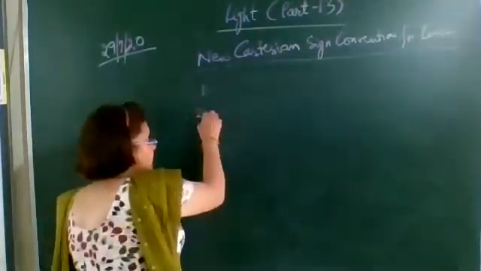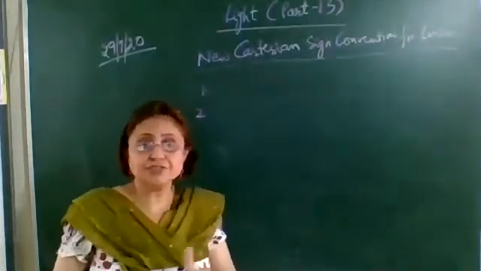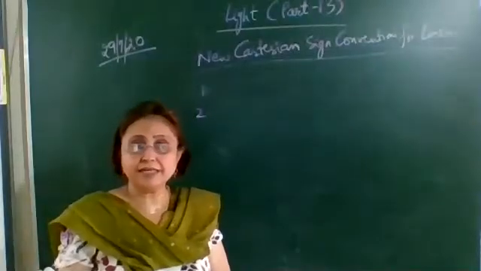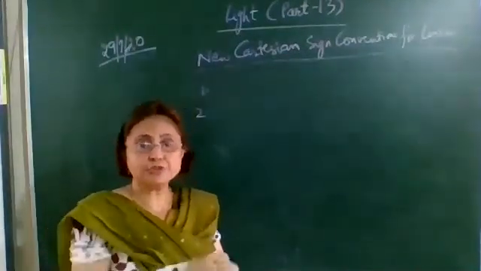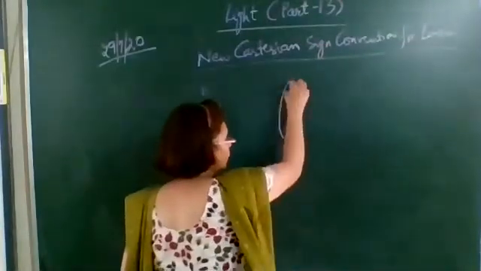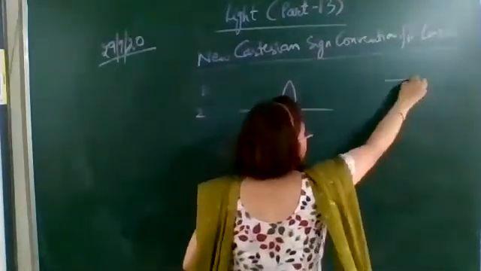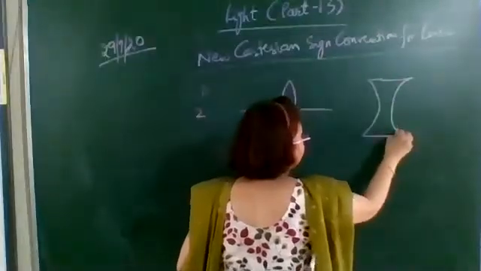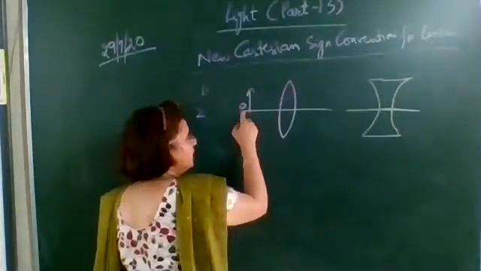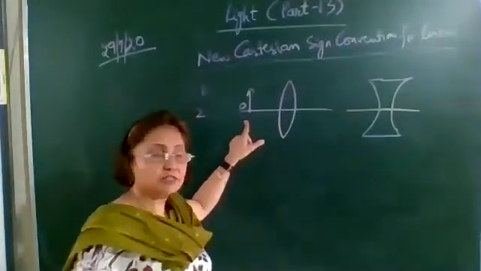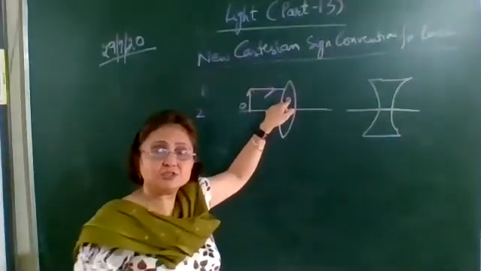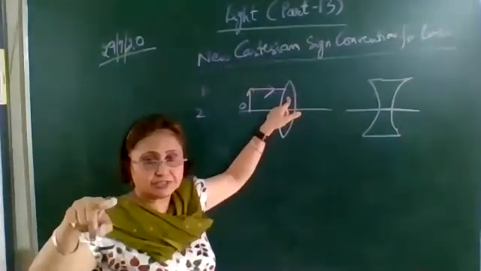Then the second is, the distances which are measured along the direction of incident light, that is towards right, they are taken as positive. Opposite to the direction of the incident light are taken as negative. See here, first try to understand whether it is a convex lens or a concave lens. We are always placing the object, this is the object, to the left of the lens. So what is the direction of the incident light? Direction of the incident light is towards right, towards positive x-axis.